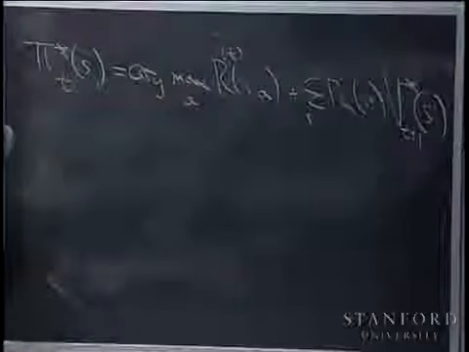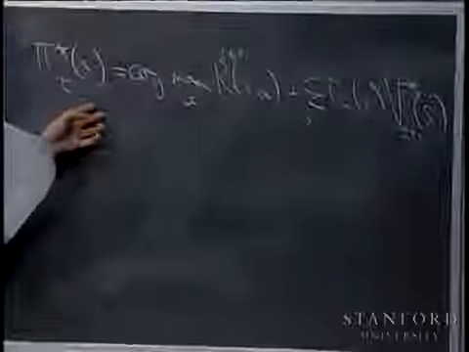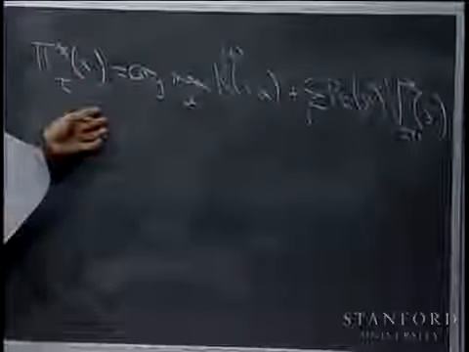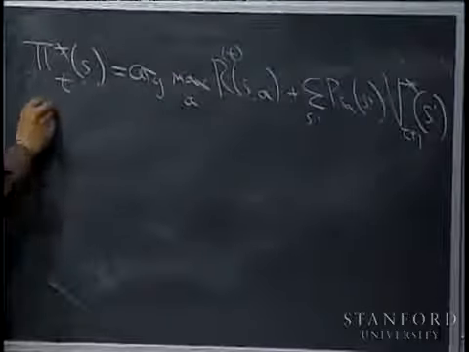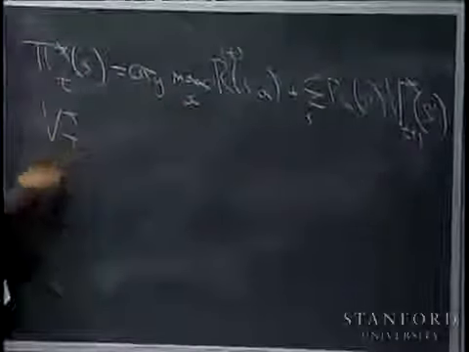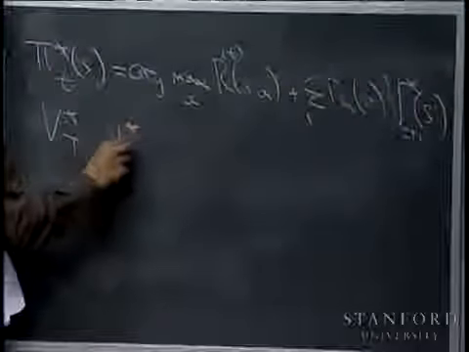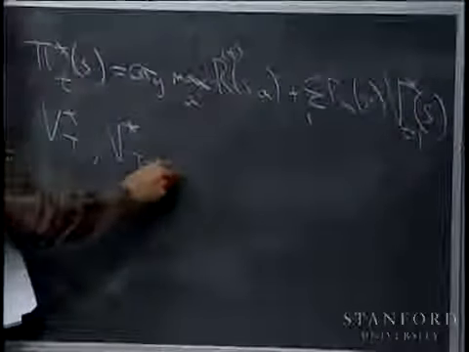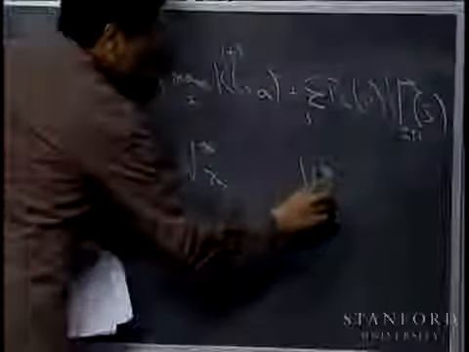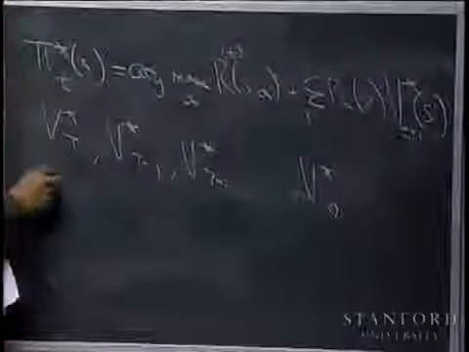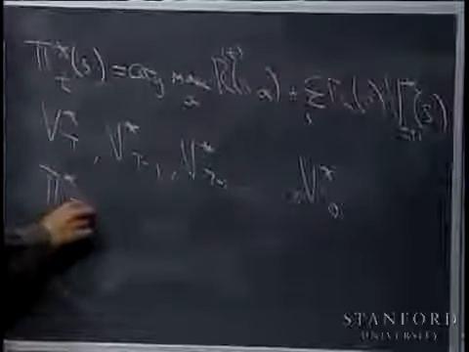Okay. So one minor difference between this and the earlier version of value iteration is that you compute V star of capital T, and then using the backwards recursion, the dynamic programming algorithm, you compute V star T minus 1, then V star T minus 2, and so on down to V star of 0. And then from these you compute pi star of T and so on.